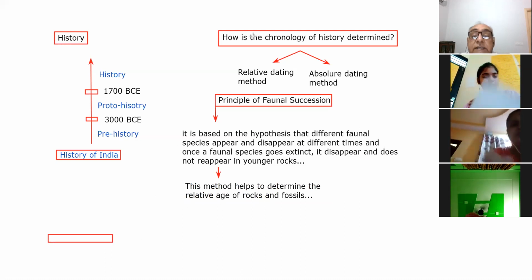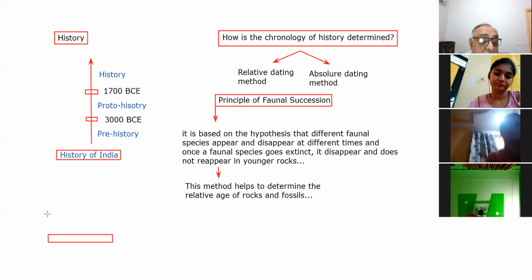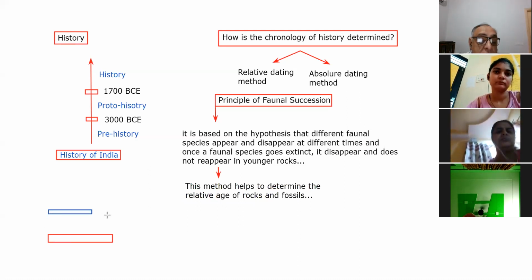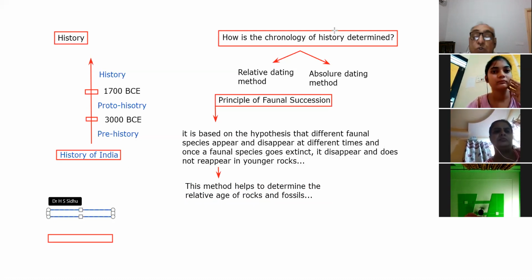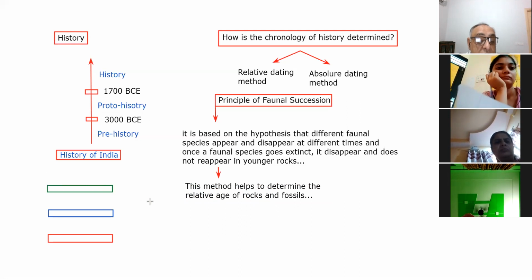Let's suppose one is this age, the second is this age, and the third one is this age. So there will be certain species. Let me give these names first.